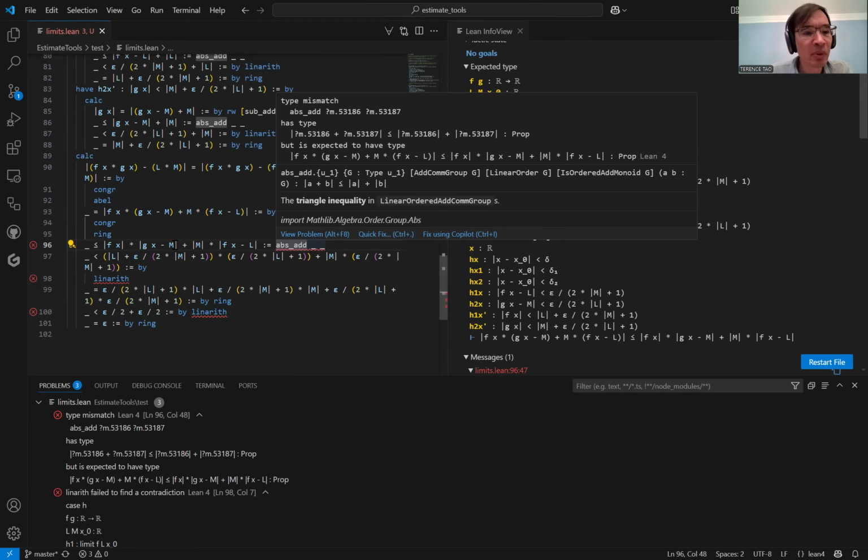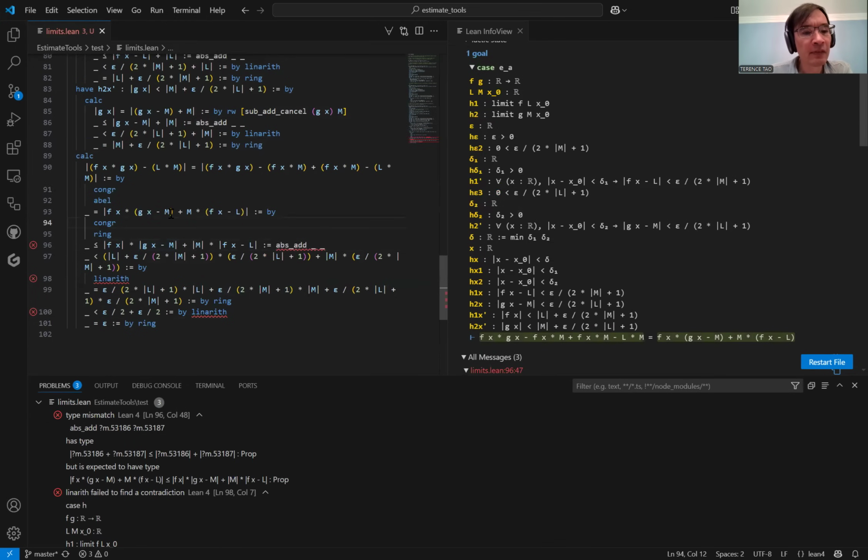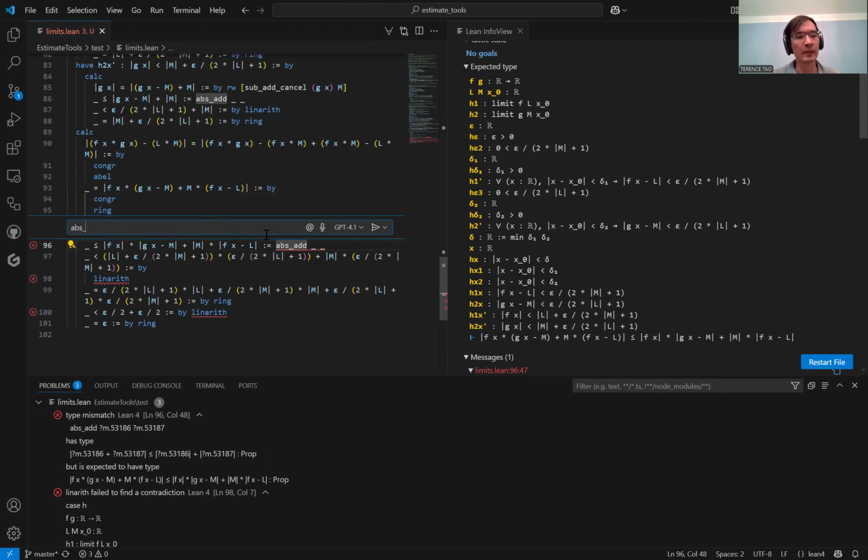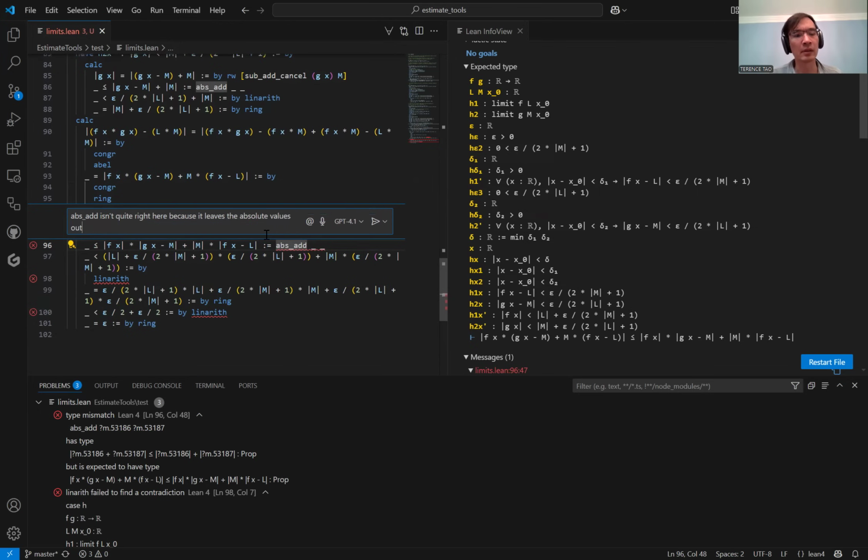But that's almost what we need here. But you see, if you do abs_add, the absolute values get put on the outside, not on the inside. So this is only one of the two steps. So let's just get Copilot to fix that. It leaves the absolute values outside the product still rather than inside.